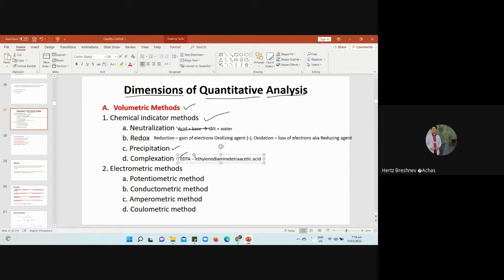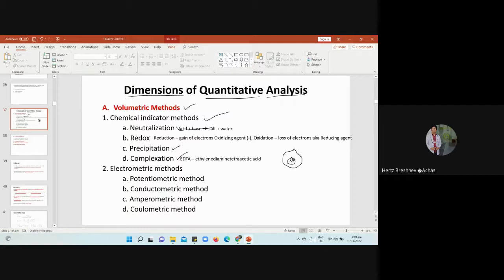The mechanism of action, for you to easily visualize, is that it traps the metal at the center. If we examine the physical features of EDTA, it is somehow like this. The inner portion of the EDTA is non-polar.